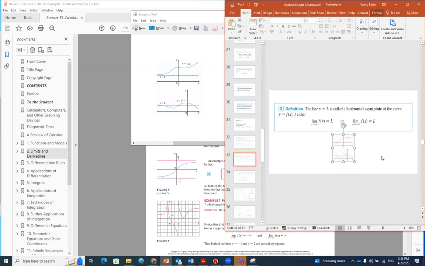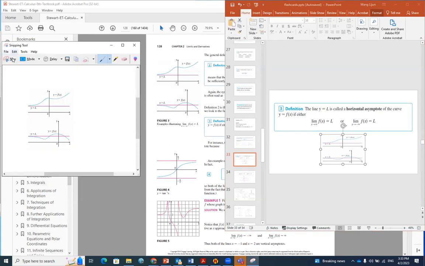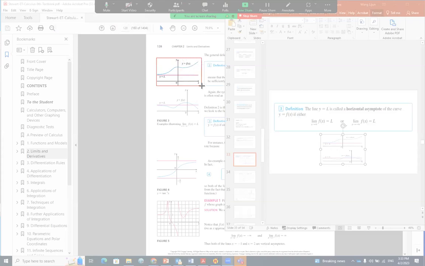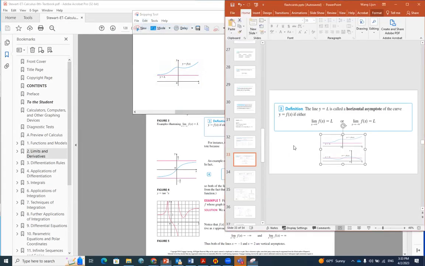Actually, it doesn't look so amazing. I should take the picture separately. So hold on, I'm going to do this separately. Number one, I'll put it here.